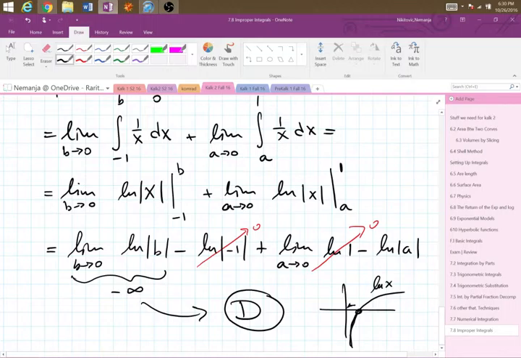Divergent. It's infinite area. That's all it is. It's infinite area.